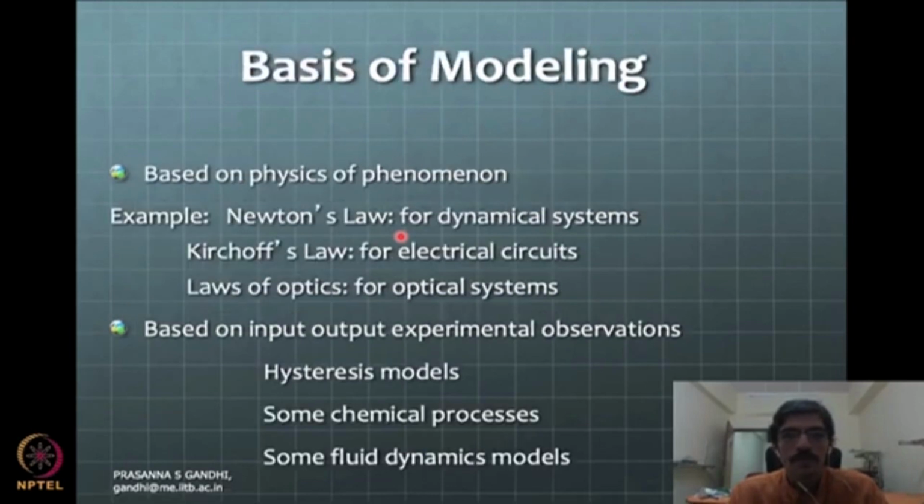So then you have this basis of modeling that we talked about. There are typical laws. In addition, you may need to use the laws of electrical circuits, Kirchhoff's law, and Newton's laws. They typically will be there together in many mechatronic systems, and there will be some kind of coupling between these two.